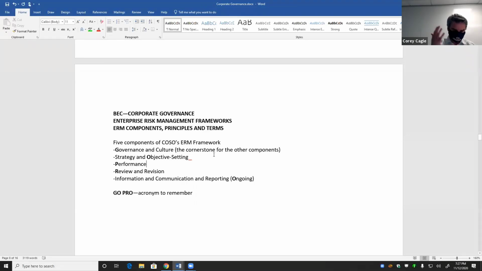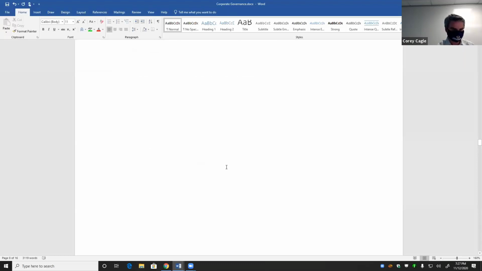Governance and culture, that's the whole thing on the top. Culture, values. Strategy and objective setting is strategies and objectives, risk appetite, that kind of thing. Performance, all these things for all these. Questions were not very useful for us to go through.